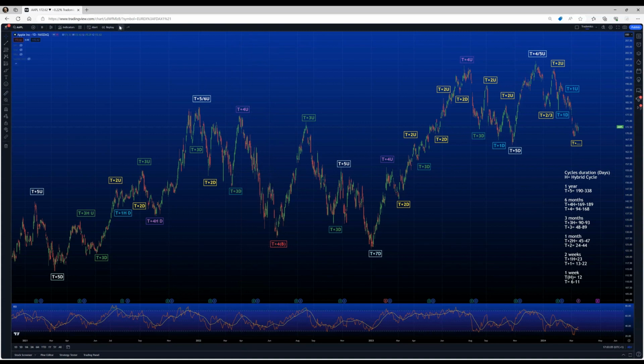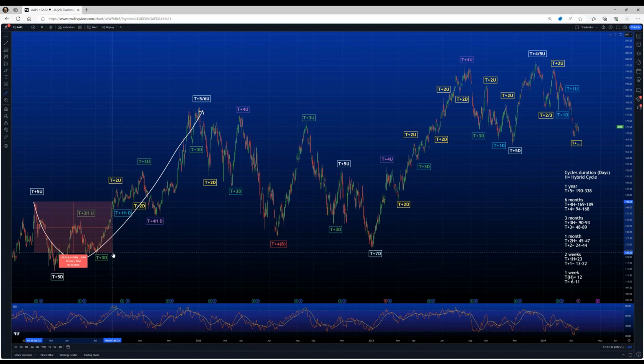Another really important point, and this is the tremendous advantage that we have with this technique over the others, is the following. Let's consider the yearly upward cycle here. We had a breakup of the top after 114 days.